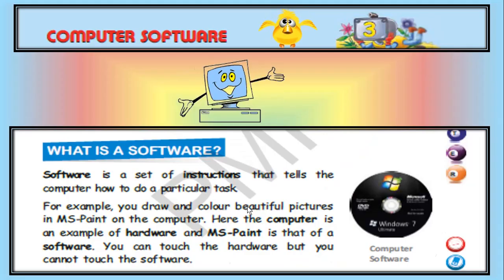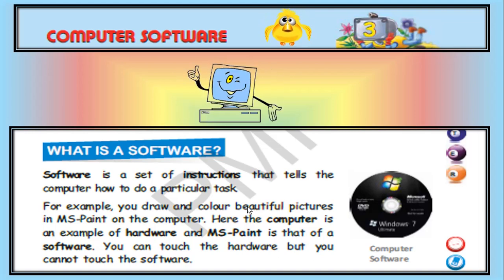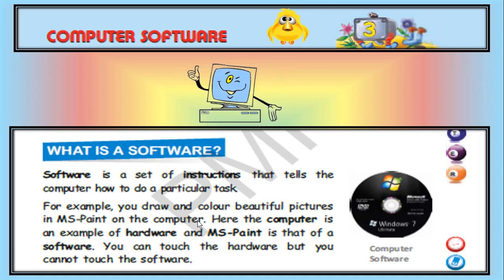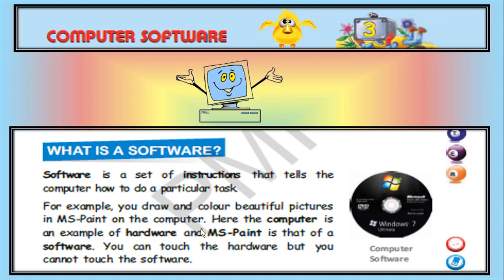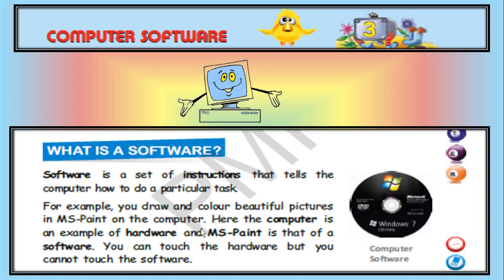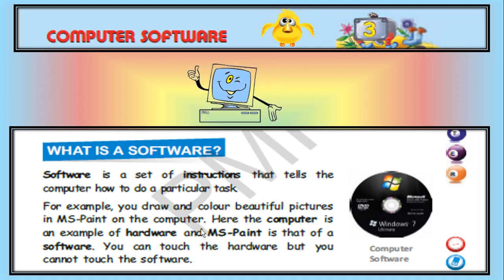Now, let us start reading the chapter. Computer software. What is a software? Software is a set of instructions that tells the computer how to do a particular task. For example, you draw and color beautiful pictures in MS Paint on the computer.